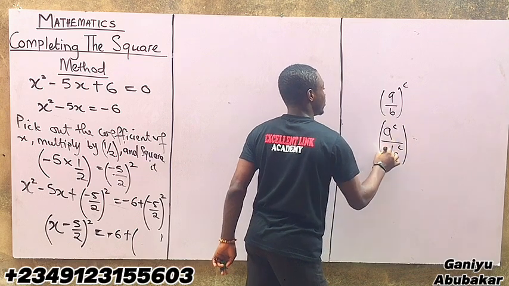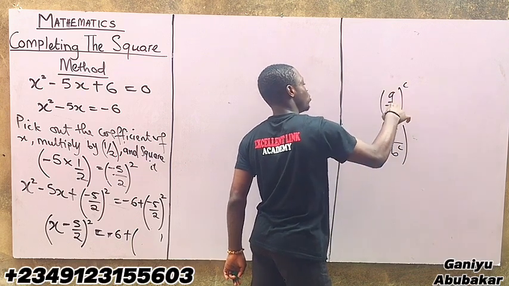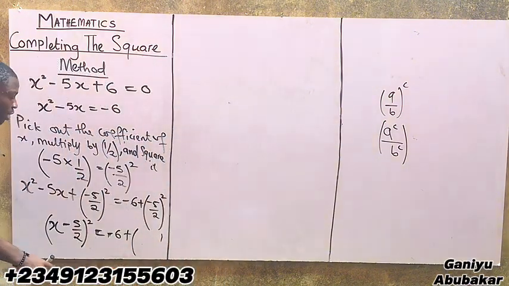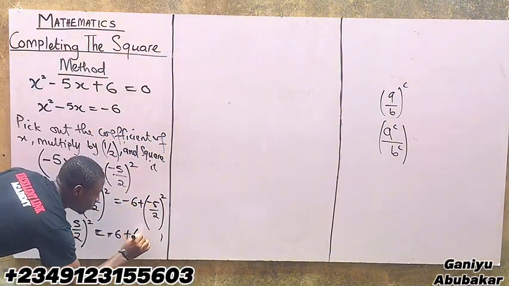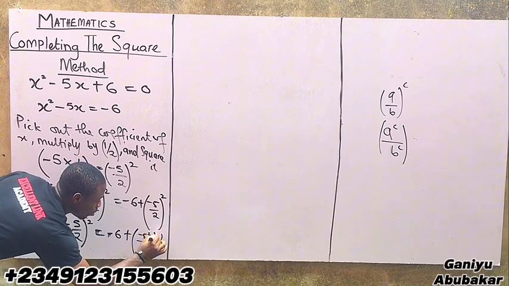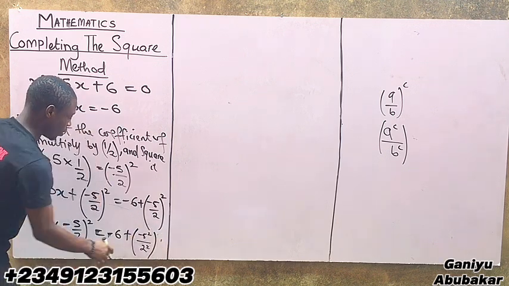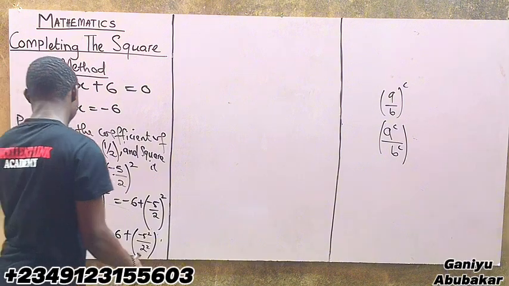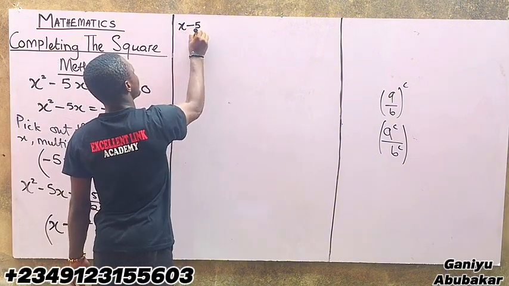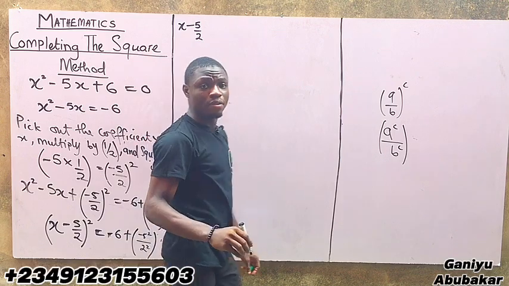Apply this technique here. So that will give me minus 5 all squared all over 2 all squared. And like that there. Then, alright, from here, I'll have that x minus 5 over 2, right?